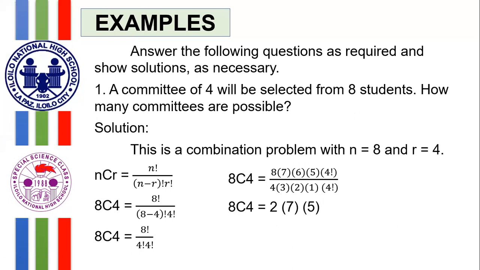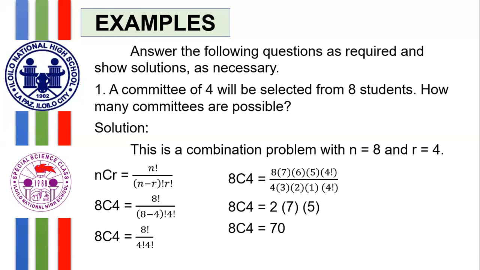And you might ask, how come? 8 divided by 4 is 2. So we have here 2. The 3 times 2 in the denominator is 6, and it could be divided here. So 6 divided by 6 is 1. And the 7 times 5 will be copied.